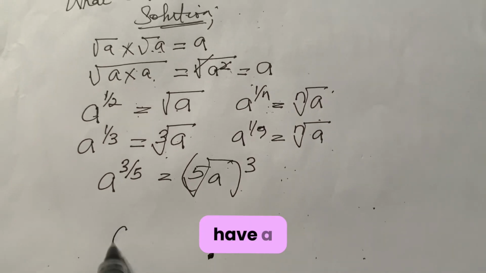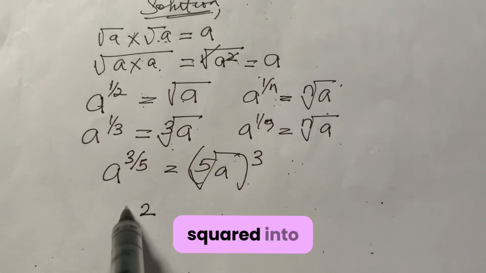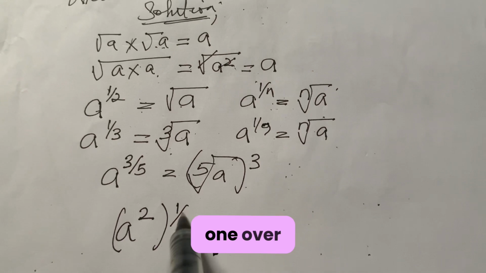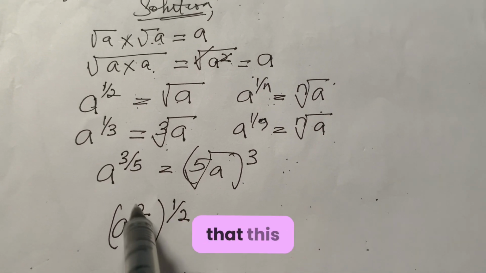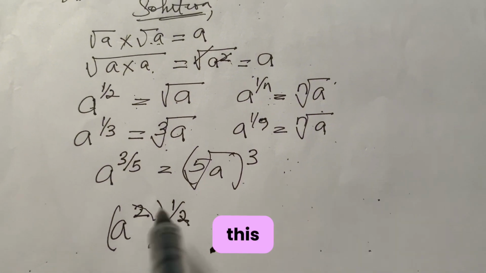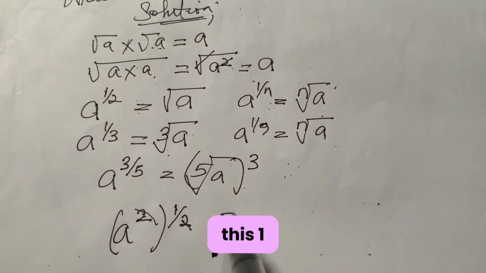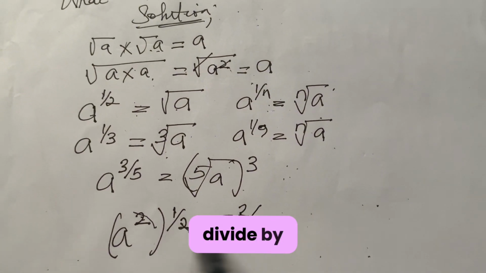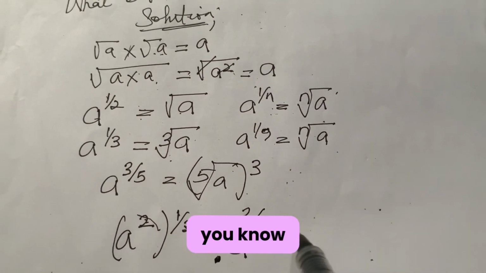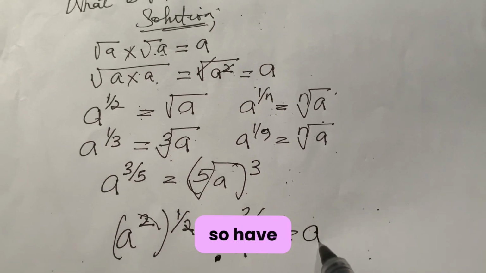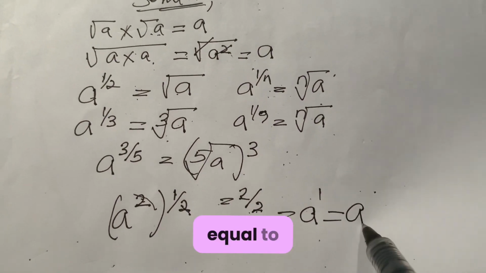So we have a squared to the power of 1 over 2. Now, this can easily cancel. If you don't know that this can cancel out with this, just know that 2 will multiply by this 1 to give us 2, divided by this 2. And we have a as the base. And of course, you know that 2 divided by 2 is 1. So we have a raised to the power of 1, which is equal to a.